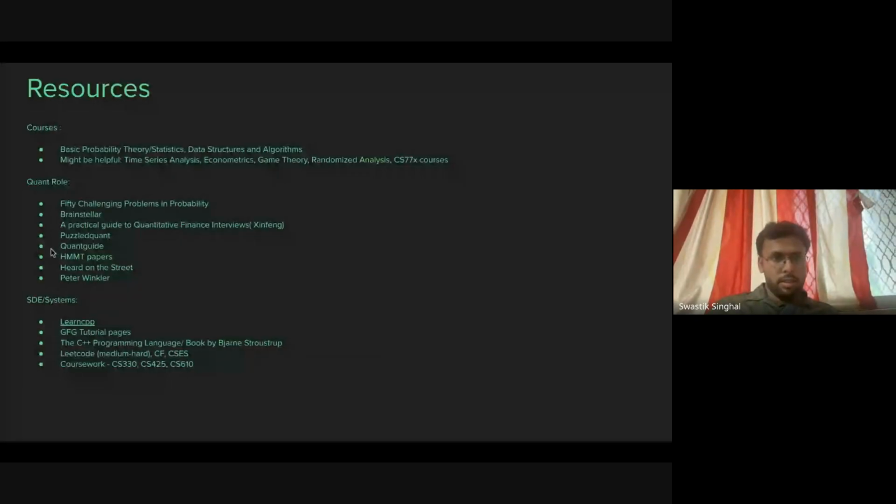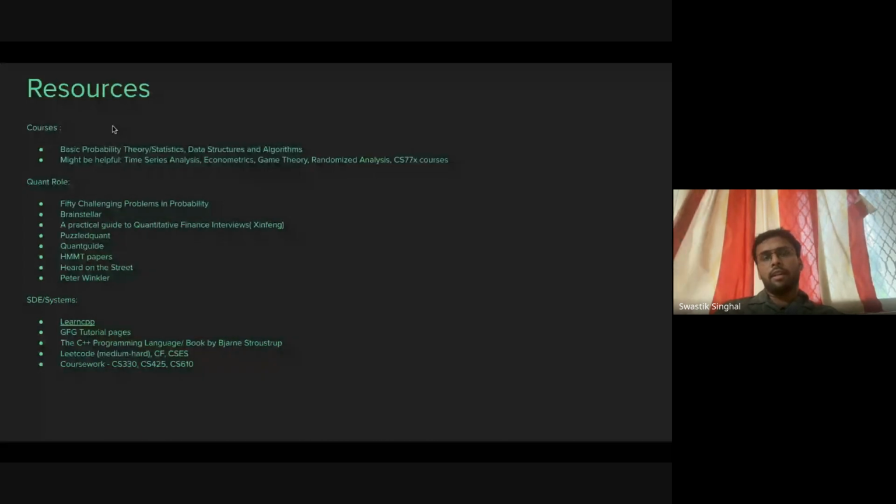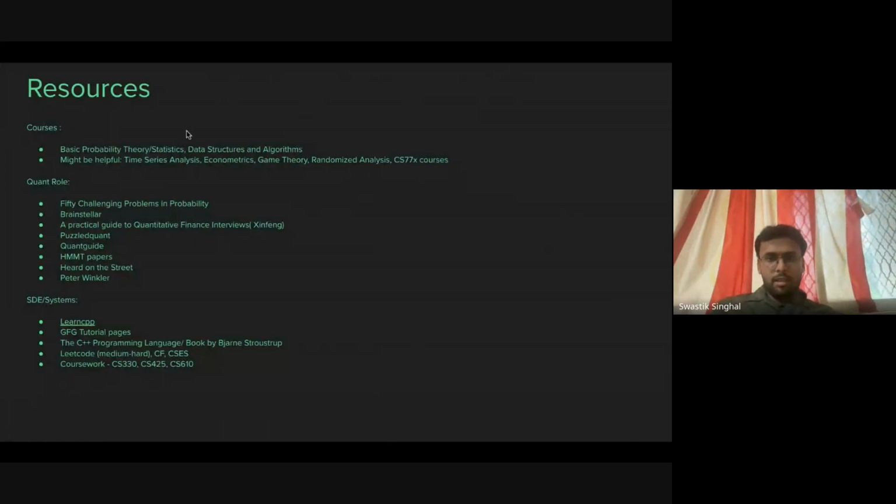For courses, it's good if you have done courses like CS 203 or MS 201, which cover probability and related topics. Some courses like randomized algorithms might help, though that's not necessary. I did randomized algorithms, and it helped me improve my probability concepts.